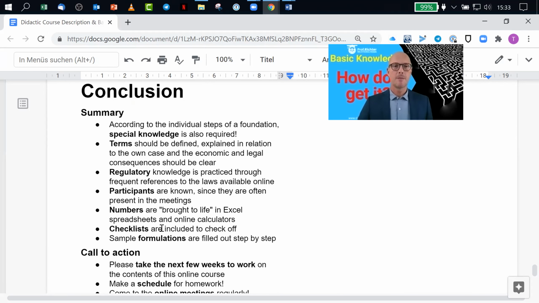To sum up, of course, it's very individual how you learn, if you watch more videos or read more cases or read on the internet, but you should always know the terms, the provisions, the participants, the numbers, the checklist, and the formulations.